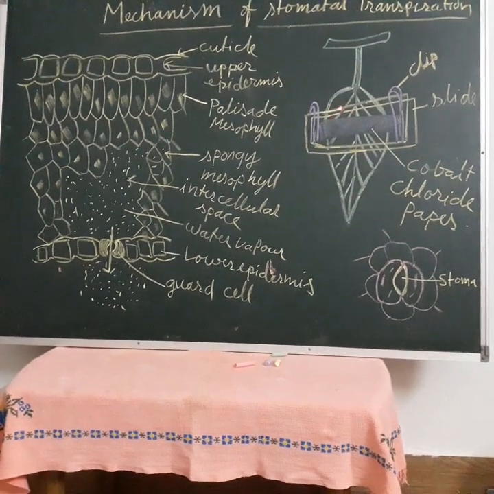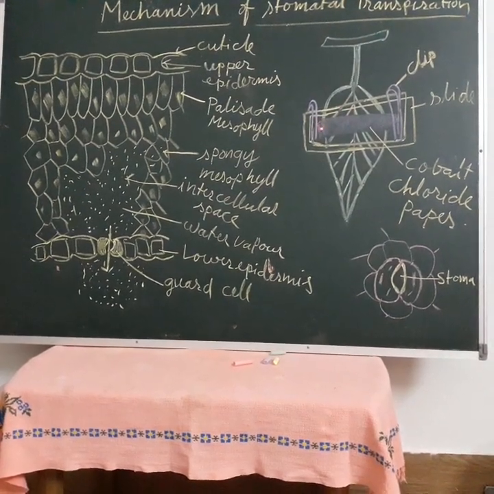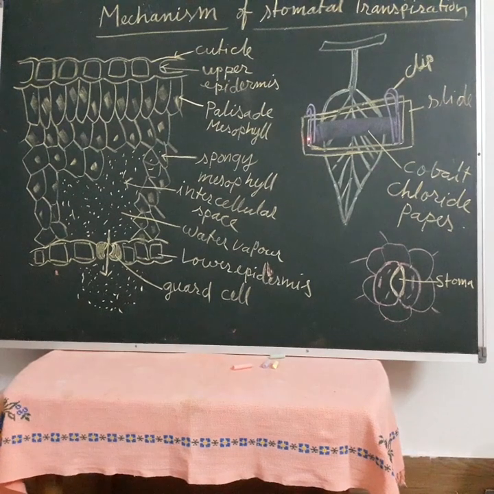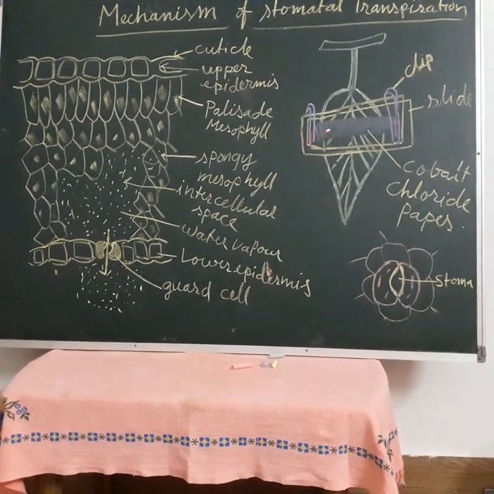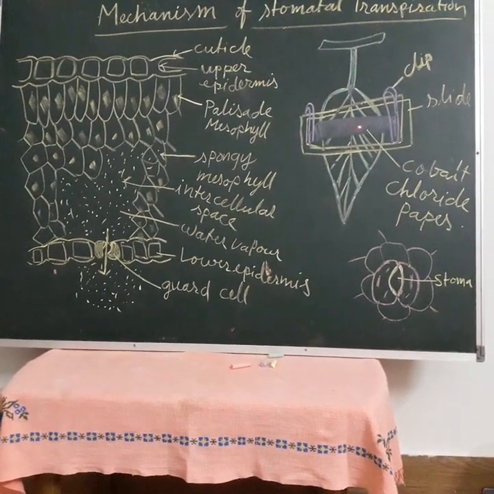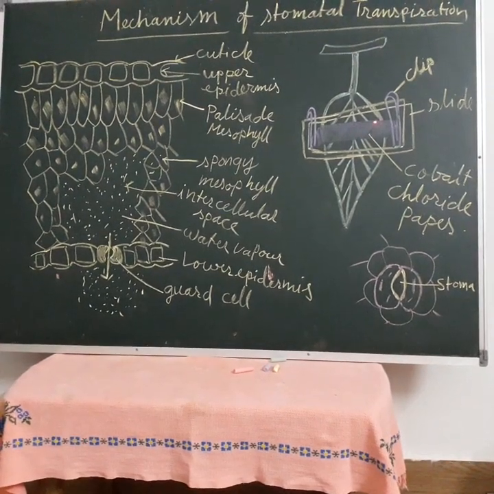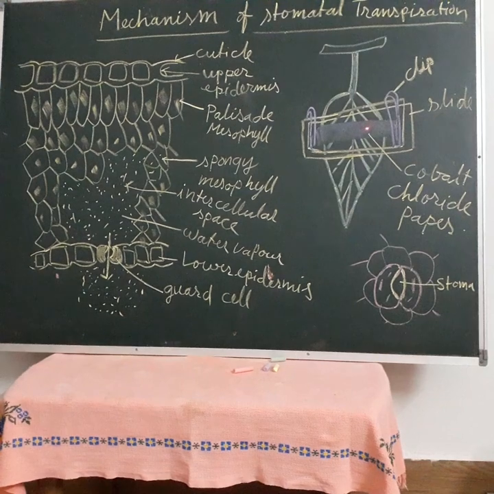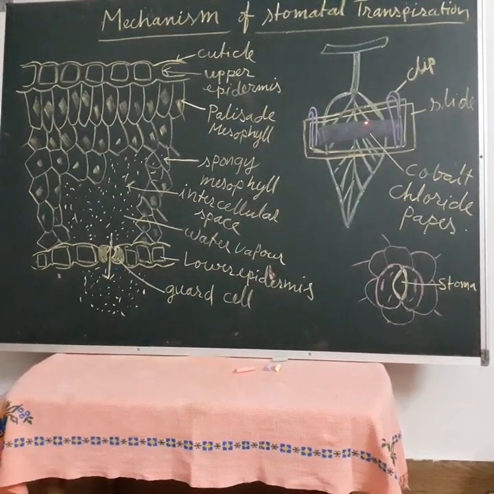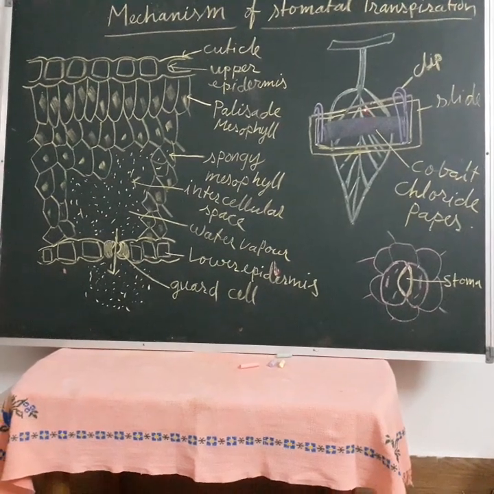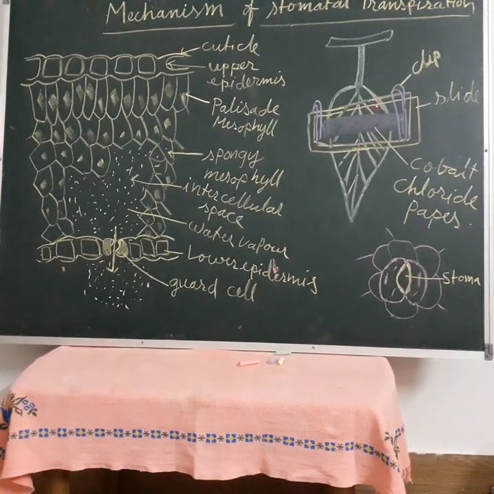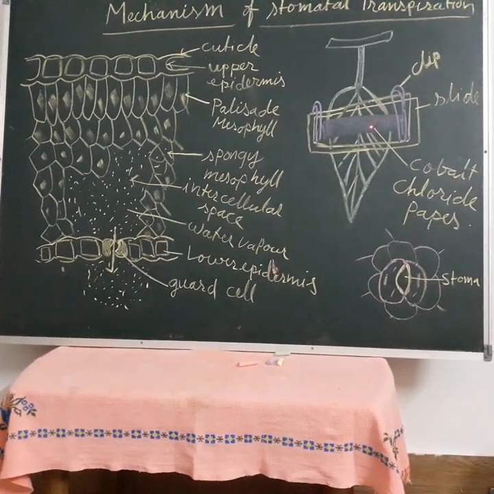So here two cobalt chloride papers are taken, one is kept on the lower surface and the other on the upper surface of the leaf, and with the help of slides they are clipped to the leaf, and this setup is left in the sunlight for some time.